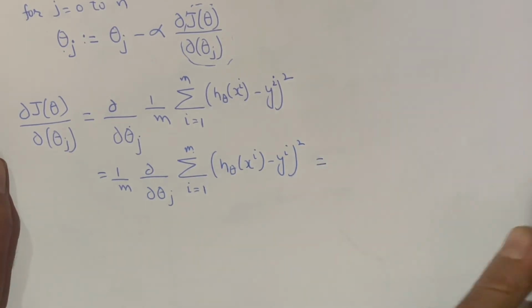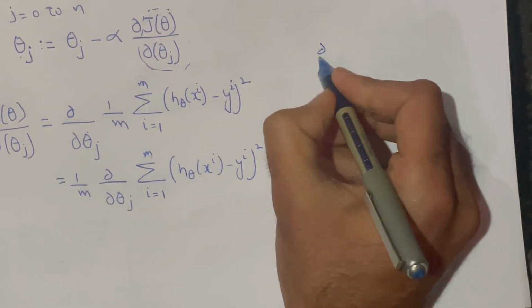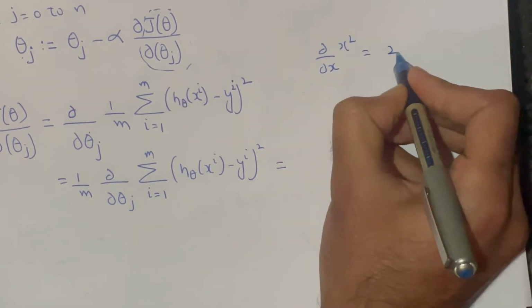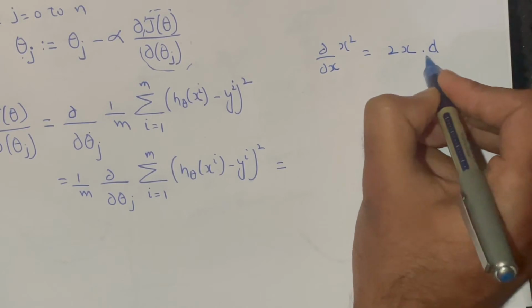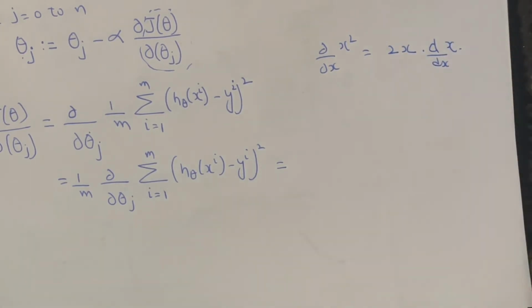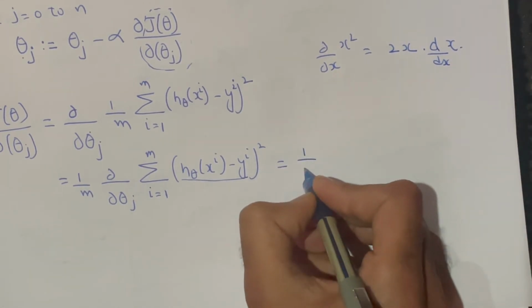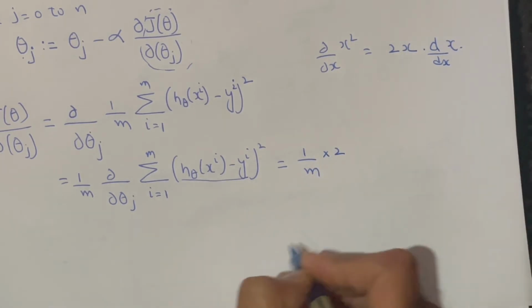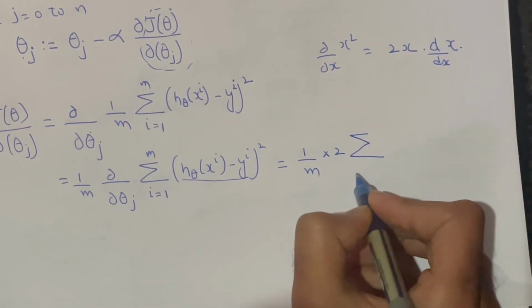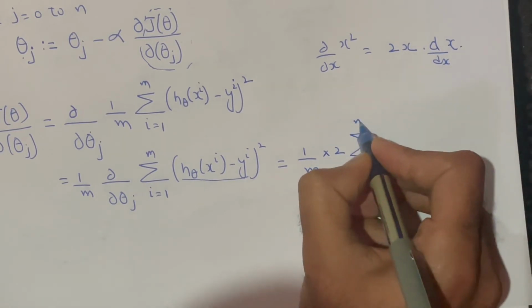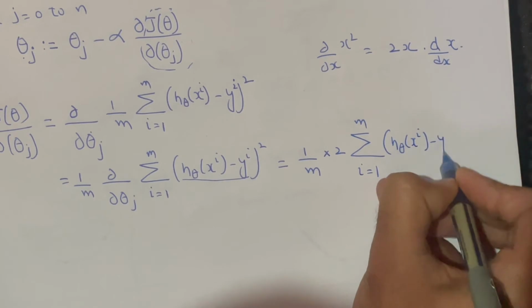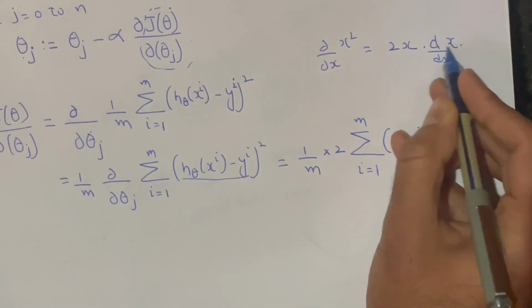So it will be equal to, so we already know that differentiation of x square with respect to x is equal to twice x into differentiation of x. Here x is this one, so we will write it like 1 by m, twice, 2 will come outside, summation i running from 1 to m h of theta x i minus y i into then differentiation of x.